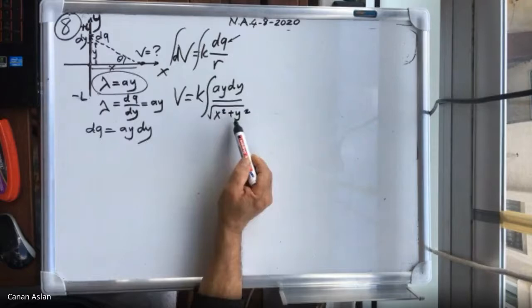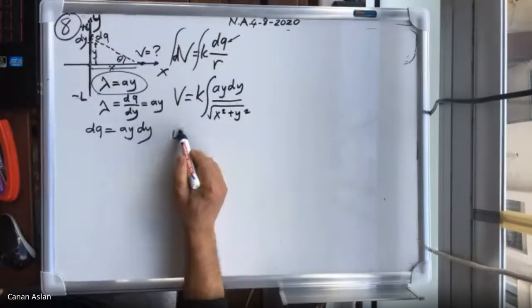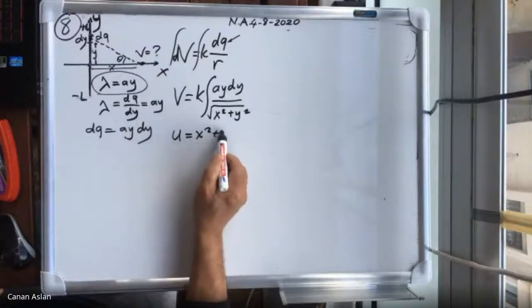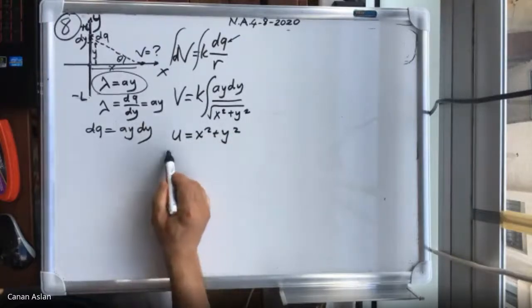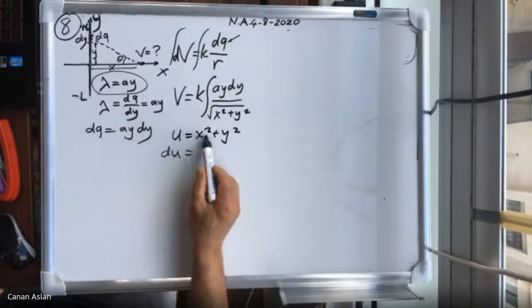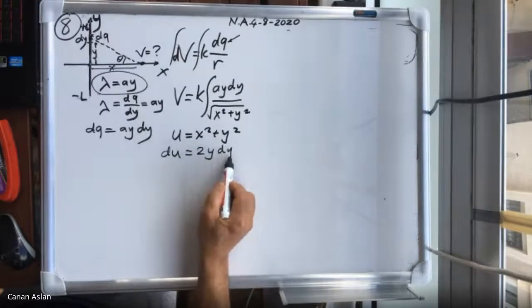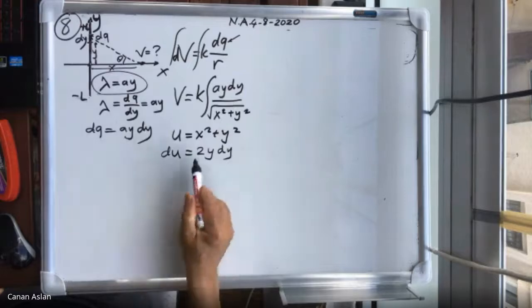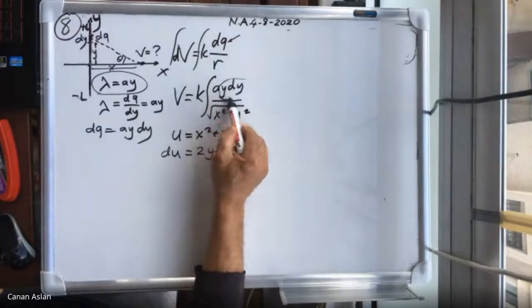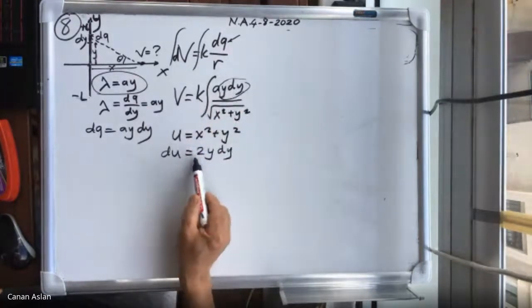Now this is not a really difficult integration because we can use a change of variable. If you say that u equals x squared plus y squared, then du will be equal to, since x is considered constant, just 2y dy. Now we have not 2y dy but just y dy, so y dy should be du over 2.